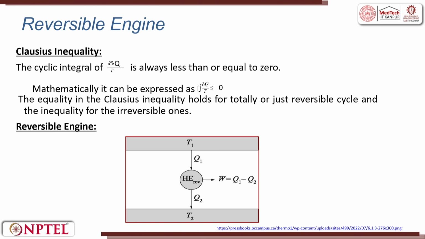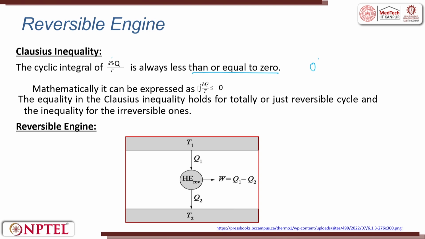Clausius inequality, which is also an important thing which you should understand. The cyclic integral of delta Q by T is always less than or equal to 0. So, it is 0 or less than 0.